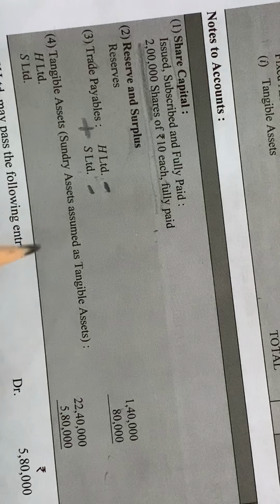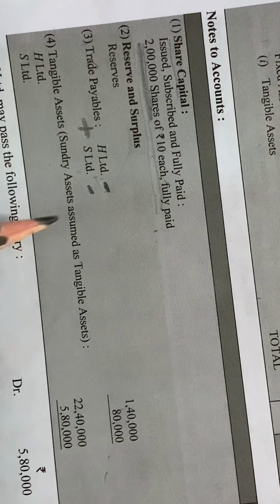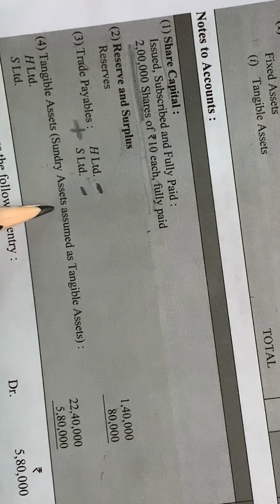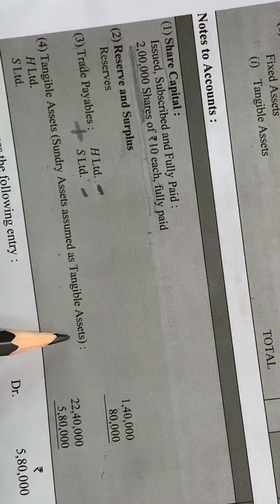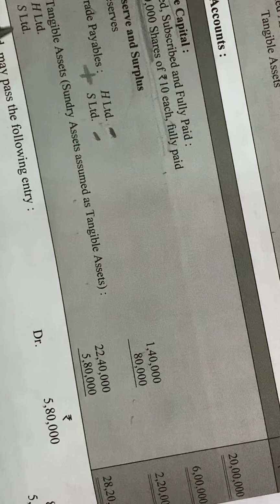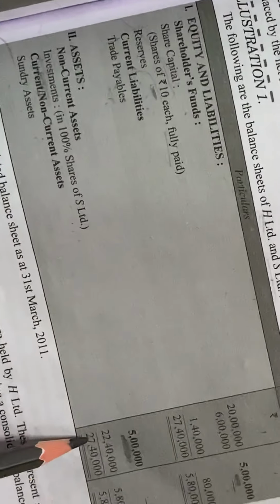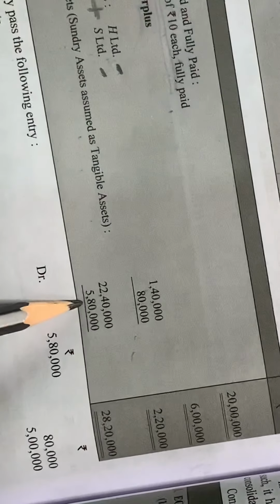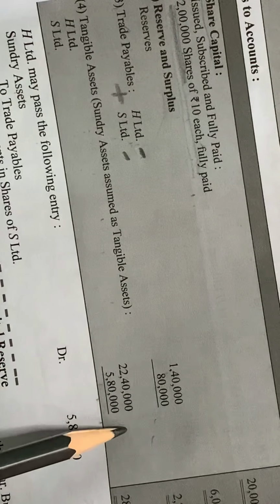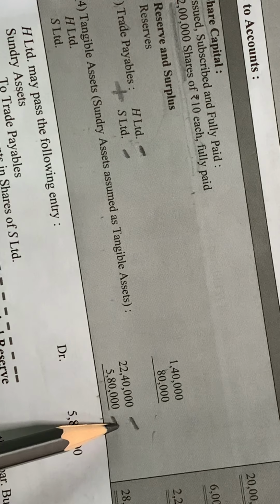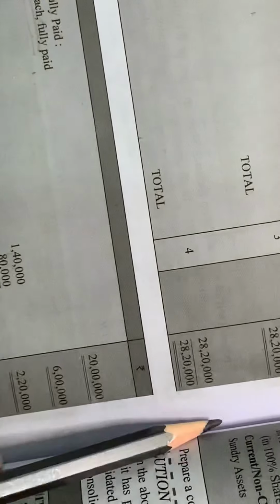Investments are not going to be included over here. We are just going to include the tangible assets, that is the sundry assets assumed as tangible assets. You're just adding 22.4 lakhs plus 5.8 lakhs. So you take the balance of H and to that add the balance of the sundry assets of 5.8 of S, and that becomes your total assets, which will get reflected over here.